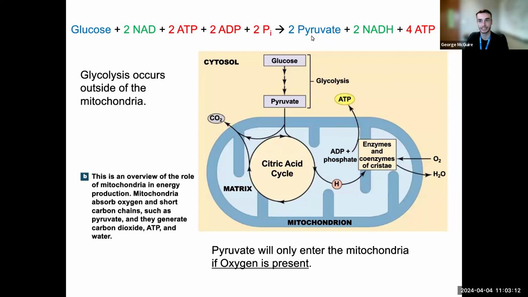So glycolysis split this glucose molecule in half, generating 2 pyruvate, and we got a little bit of ATP in the process. Both of these pyruvates are then going to come into the mitochondria, again only if oxygen is present, where they will be further broken down through the citric acid cycle.